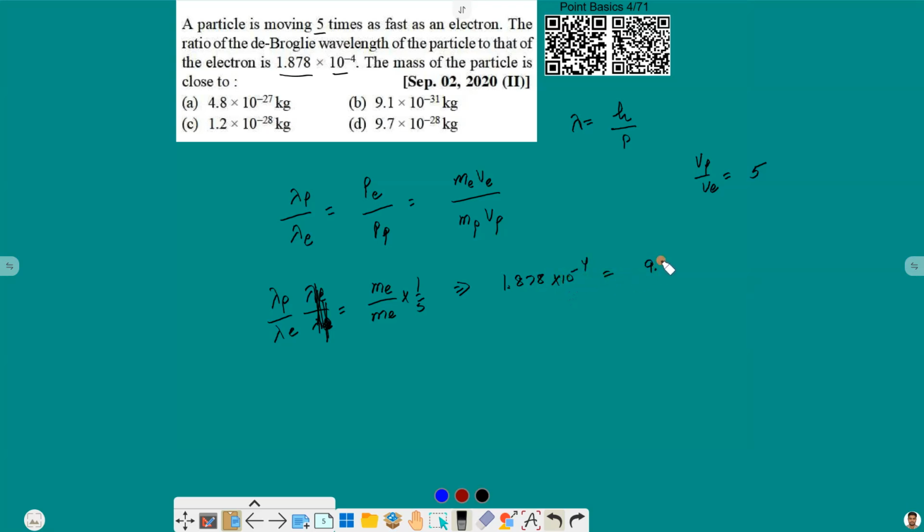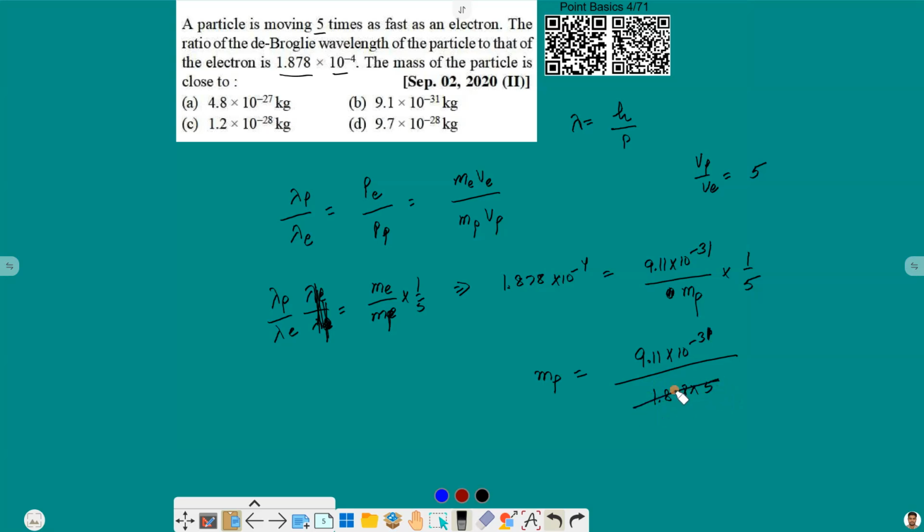Now the mass of electron is 9.11 10 to the power minus 31 divided by, again this is mp, sorry for the mistake, and here we have 1 by 5. So basically from this, the mass of the particle will be equal to 9.11 10 to the power minus 31 divided by 1.78 into 5. Now 1.8 into 5 is just approximately equal to 9.